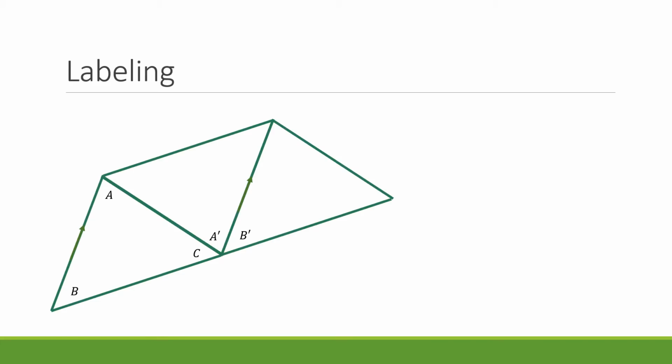Before getting into the angles and sides, I want to talk about how to name things. If you recall, this was the picture I used to show that the sum of angles inside a triangle is 180 degrees. You probably have noticed that I used letters A, B, and C, and for congruent angles, I used A prime and B prime.